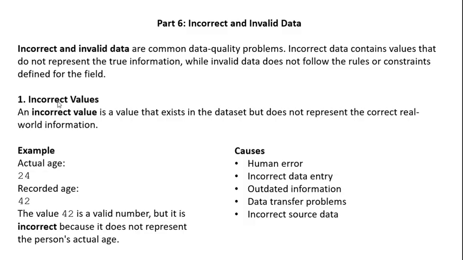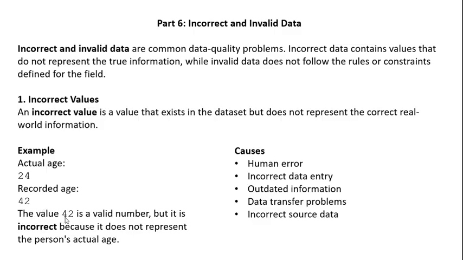The first is incorrect values. Incorrect values are values that exist in a data set but do not represent the correct real-world information. For example, the actual age is 24 but the recorded age is 42.